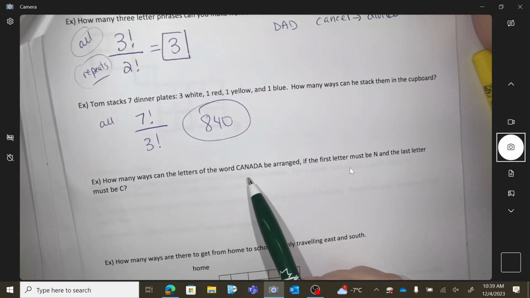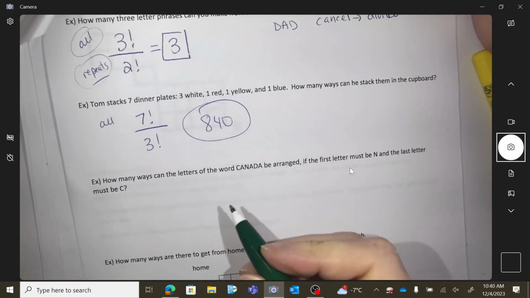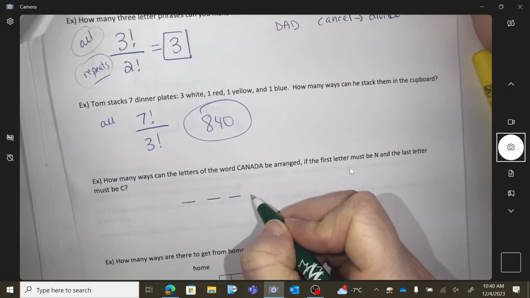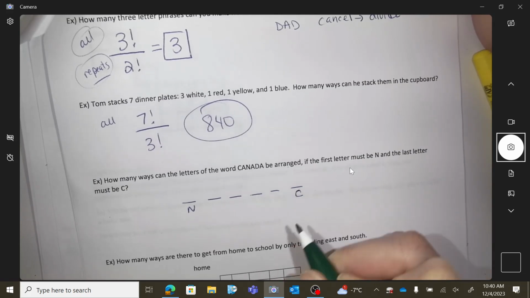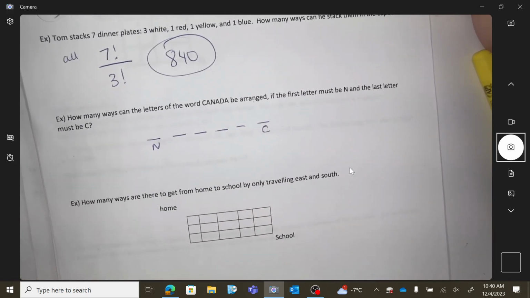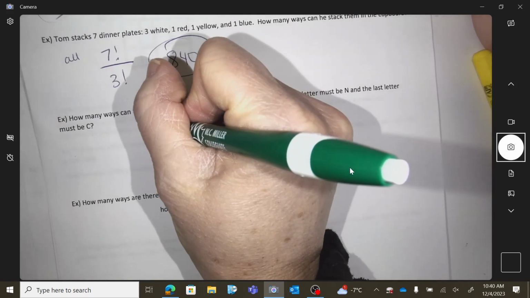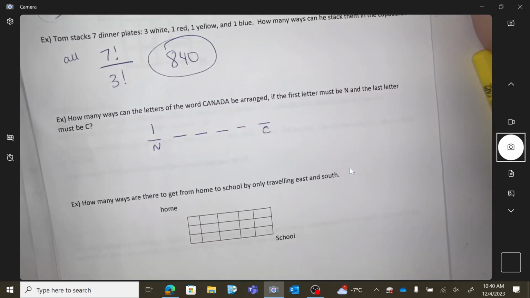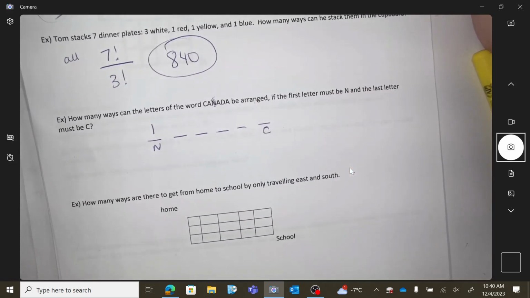How many ways can the letters in Canada be arranged if the first letter must be an N and the last letter must be a C? Okay, so I'd have one option to put an N. I'm going to cross it off.